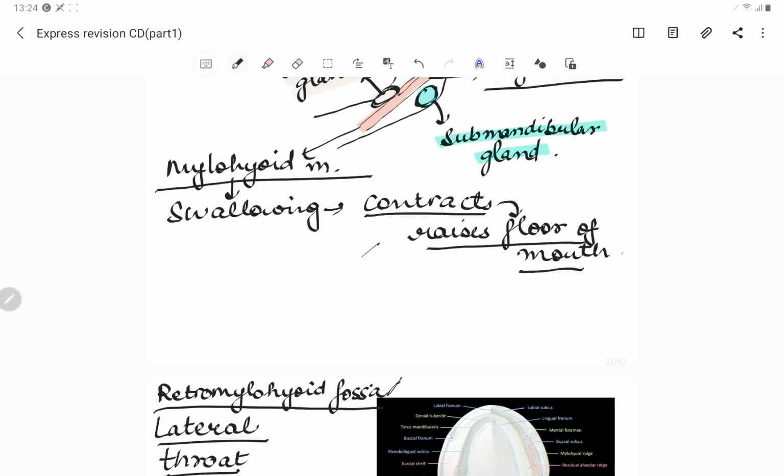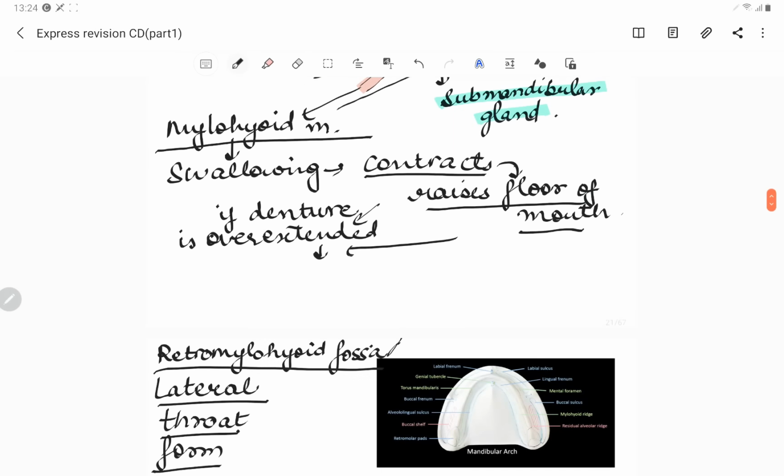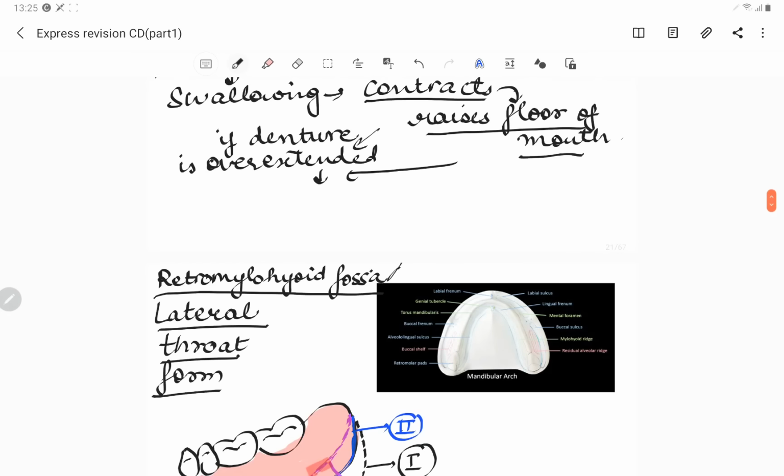And if the denture is overextended, what will happen? It will push, it will raise the floor of the mouth and it will displace the denture by raising the floor of the mouth because of the contraction of the muscle mylohyoid, causing soreness due to the vertical forces, right.